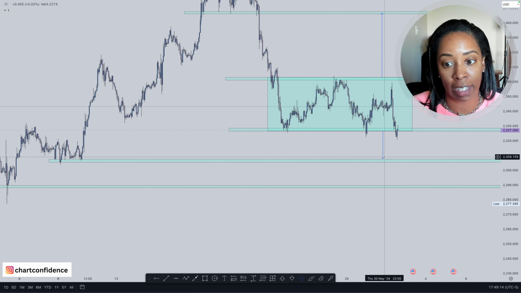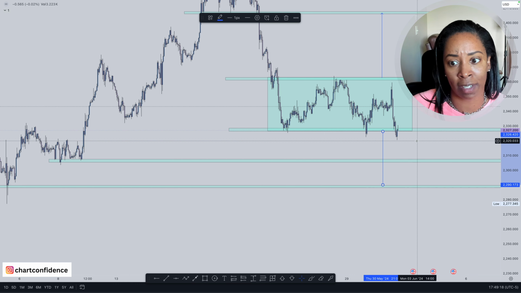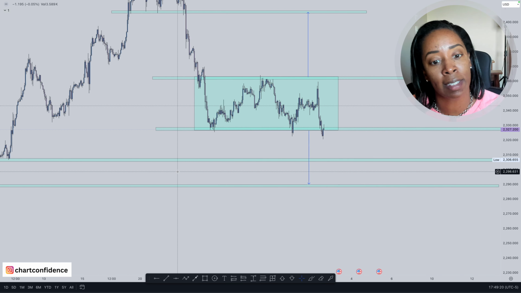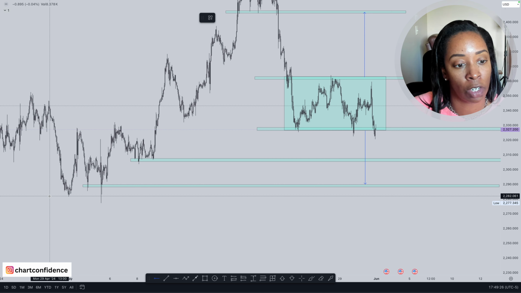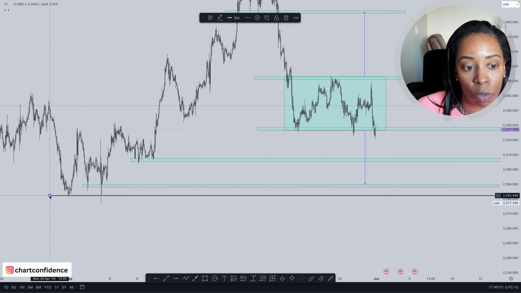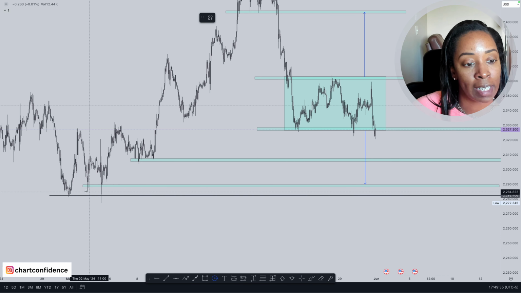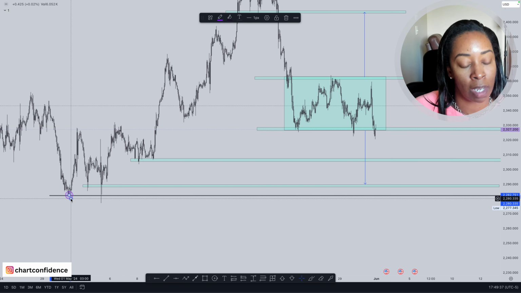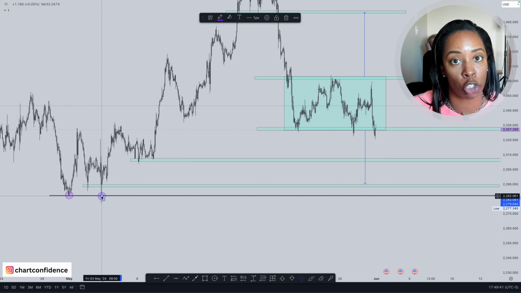And then, of course, if price continues to move down here, which it definitely could on gold because there's a lot of volume inside of this market, there could be other levels that price taps into. Right here at the 2280 level, price could tap into that because it has come here before and rejected a couple of times, and price also came here before, but it just did a straight rejection.